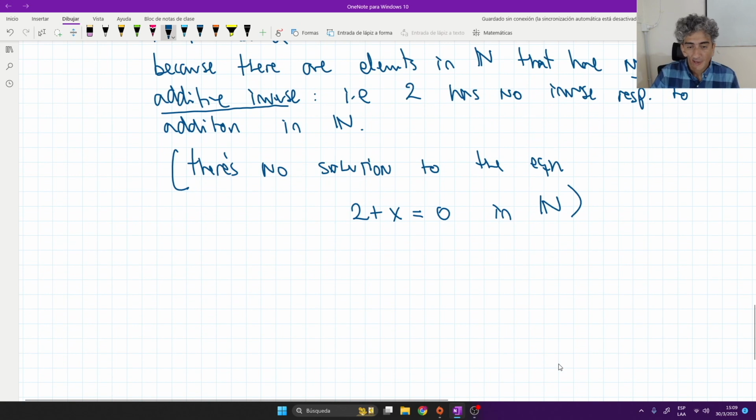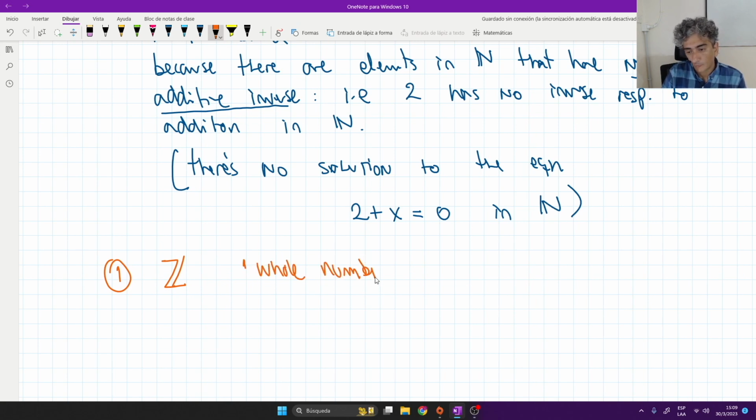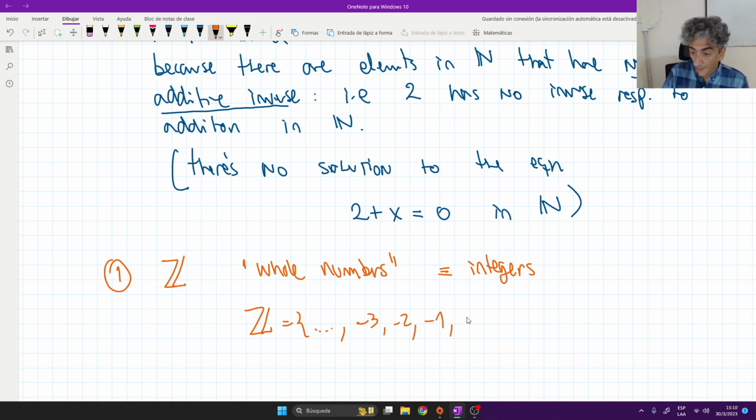Say that we are now interested in looking at Z, the whole numbers, also known as integers. Well, Z consists of all the natural numbers together with 0 and the negative numbers. So it's ..., -3, -2, -1, 0, and then all the naturals. Right.